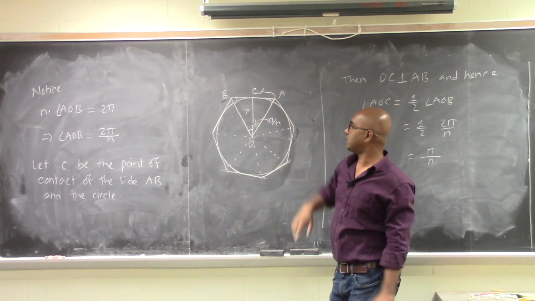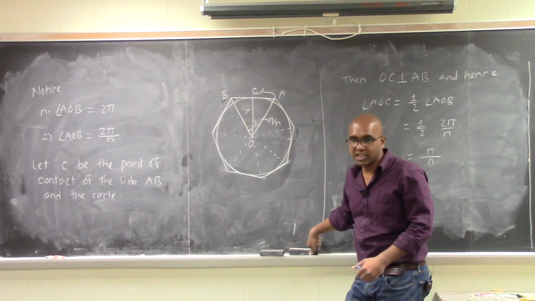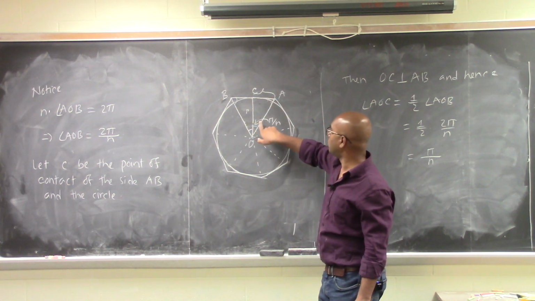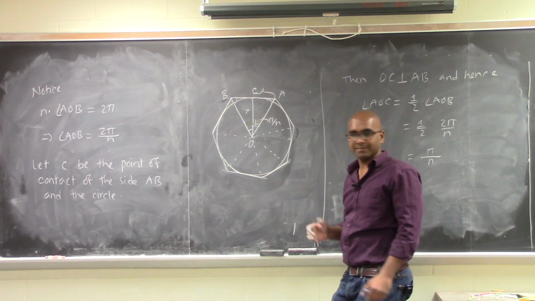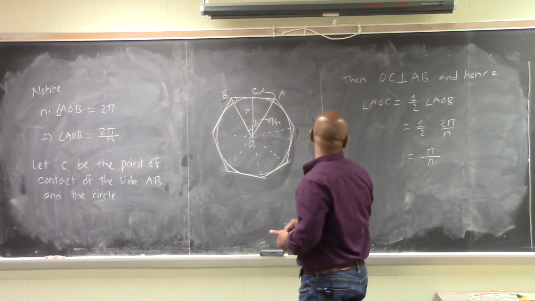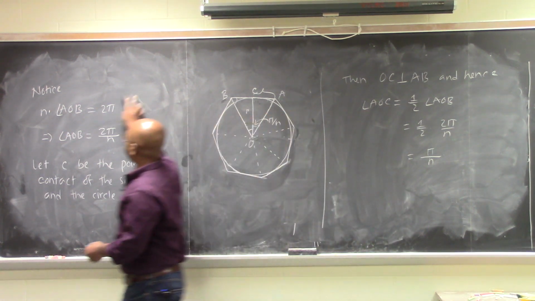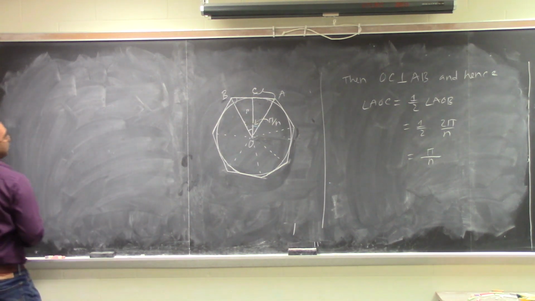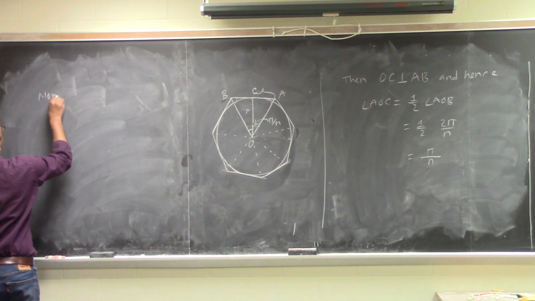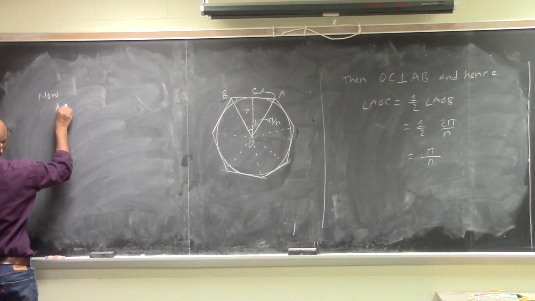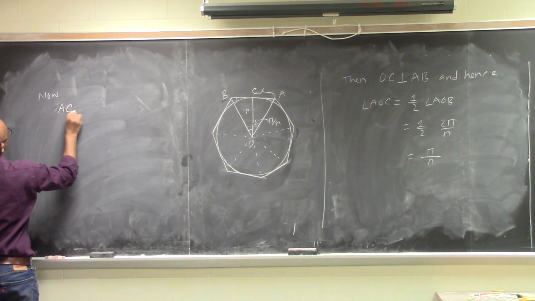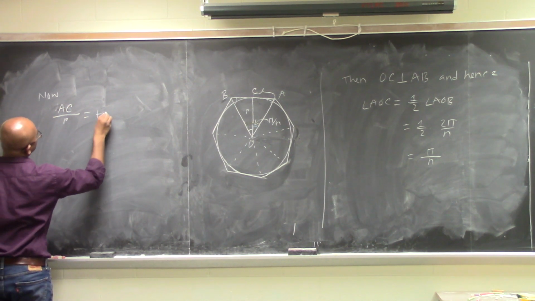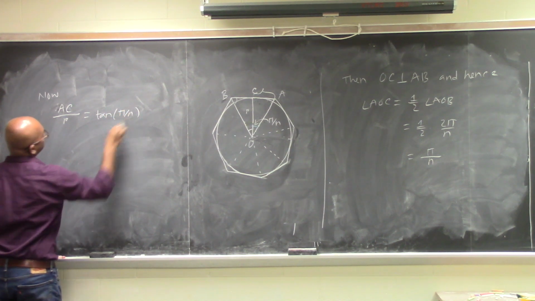So opposite over adjacent is tangent, right? Tan. So AC over R is tan of pi over n.